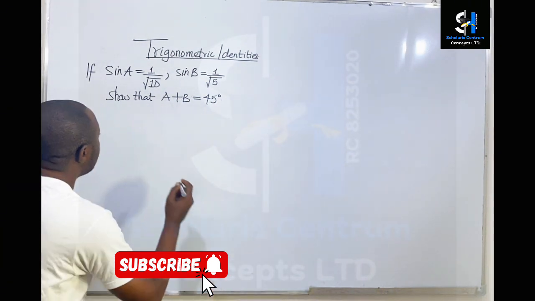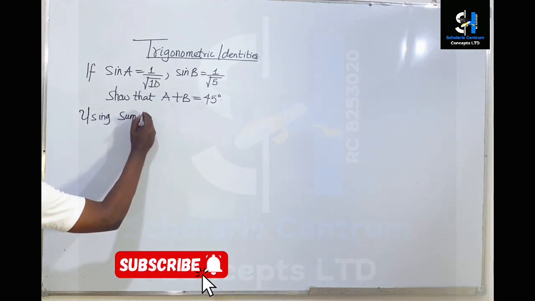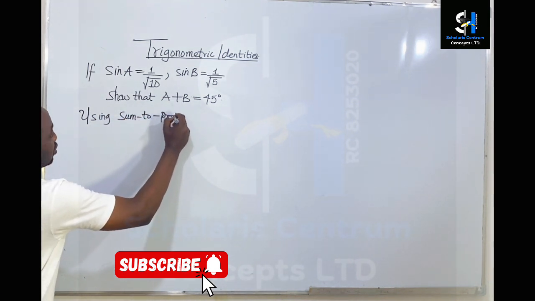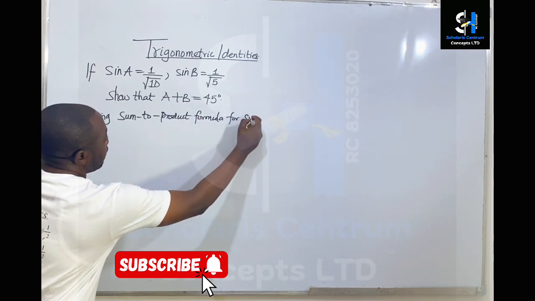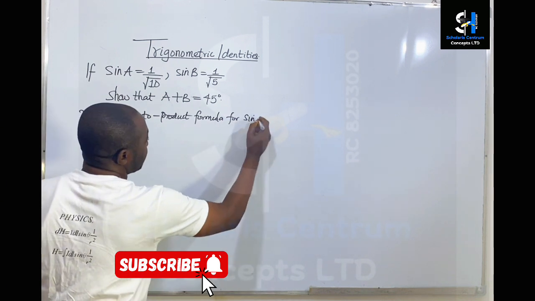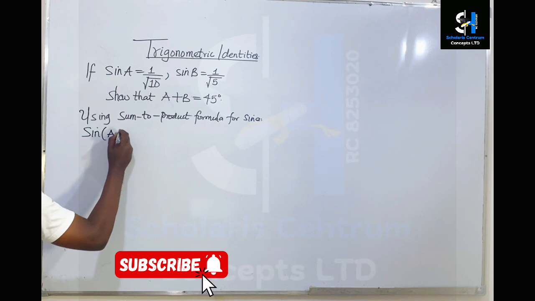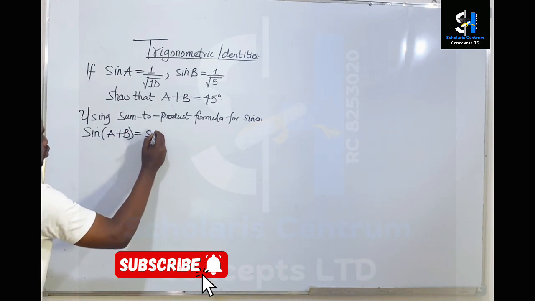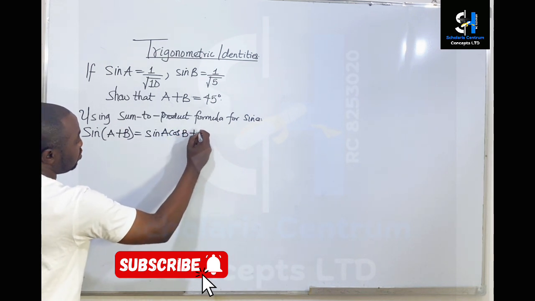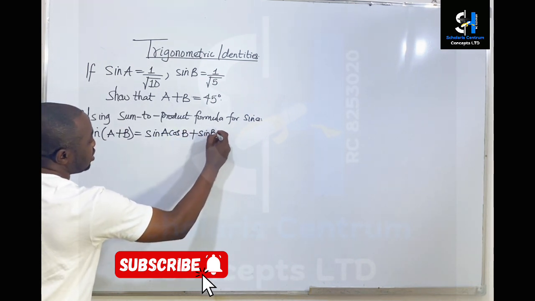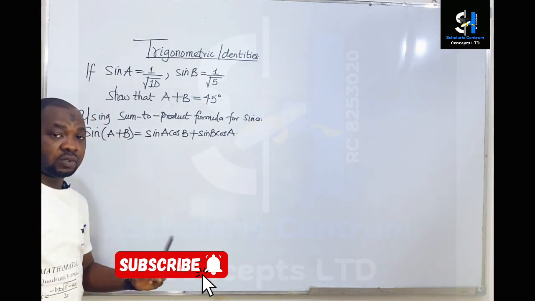That is, using the sum formula for sine, we know that sine of A plus B is equal to sine A cos B plus sine B cos A. So this is the sum formula for sine.